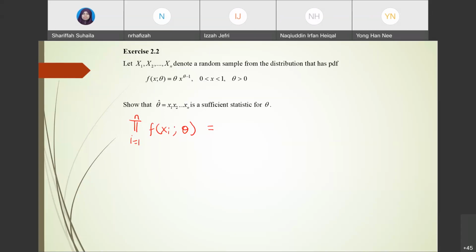So that means you will have theta, kalau kita cari panjang, theta x1^(theta minus 1), multiply theta x2^(theta minus 1), and then you have theta xn^(theta minus 1). Okay, kita simplifikan. Kita ada theta^n, product xi, and then ^(theta minus 1).